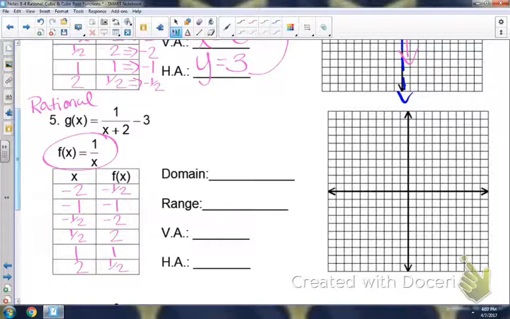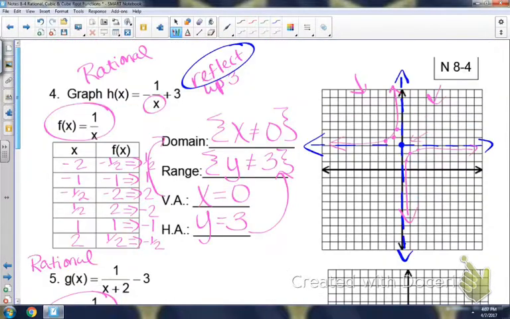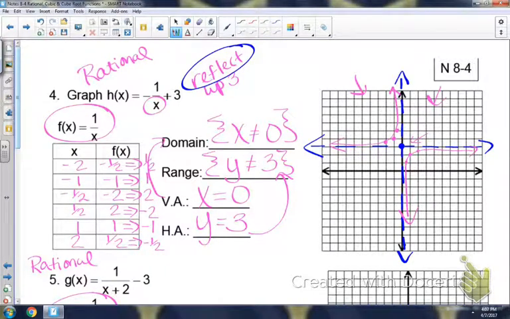Okay, so let's write our transformations down. Looking at our function here, notice that we have x plus 2 in the denominator. If we look back up at 4, we did not have anything that we were adding to x in the denominator.